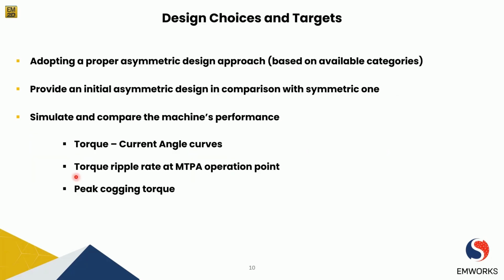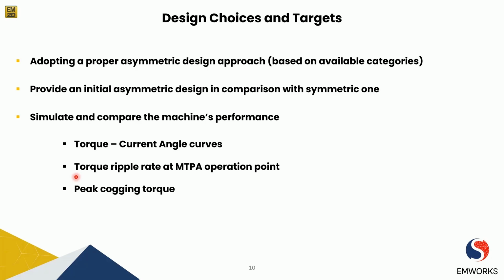Anyway, now after we talked about the details of the asymmetric design and how it can be considered a helpful tool, we have to come up with a proper asymmetric design approach. For instance, we have to make a choice between available categories.